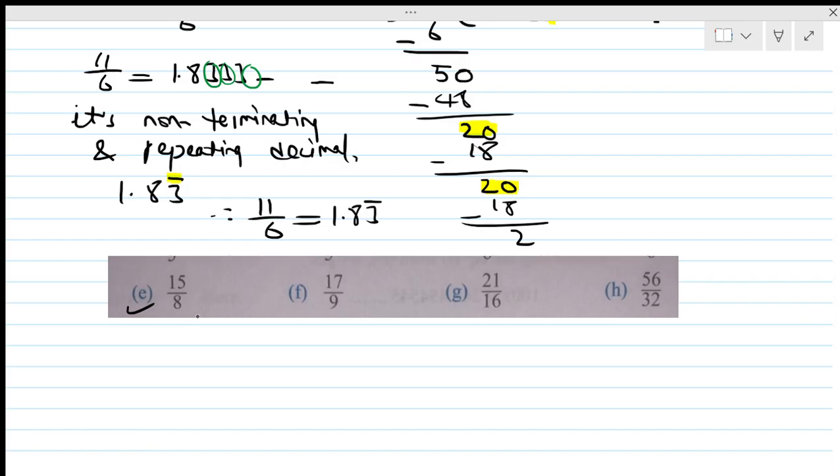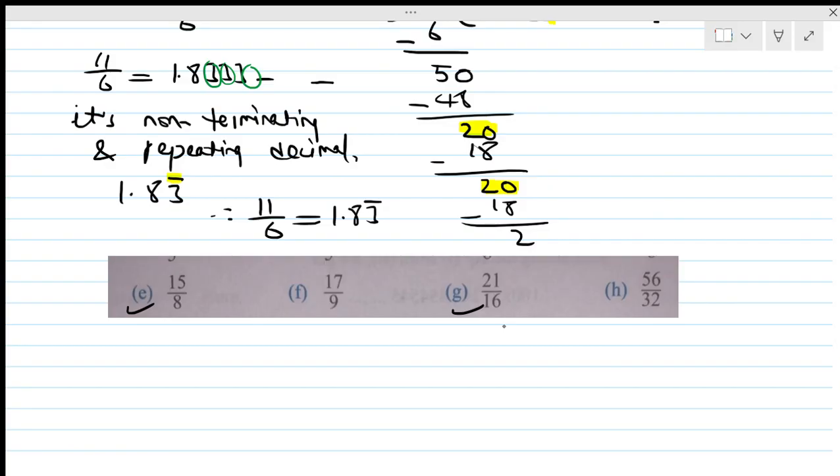So you can terminate it. You can convert it into a terminating decimal by multiplying by 5 three times, so it's up to you. G number also you can terminate, because 16 has all factors 2: 2 into 2 into 2 into 2.